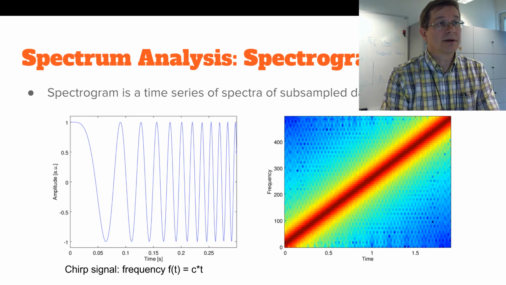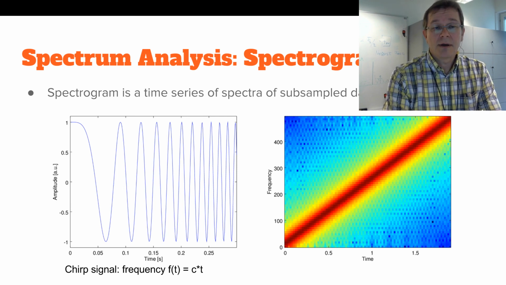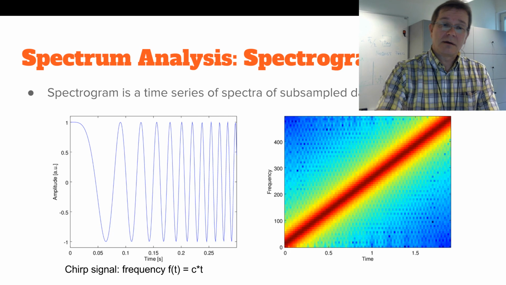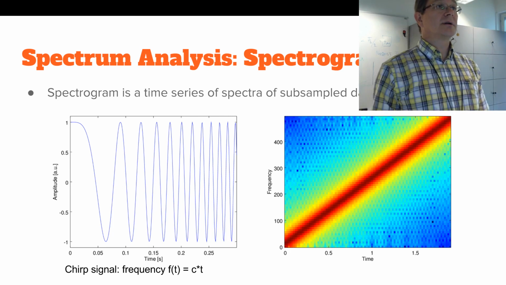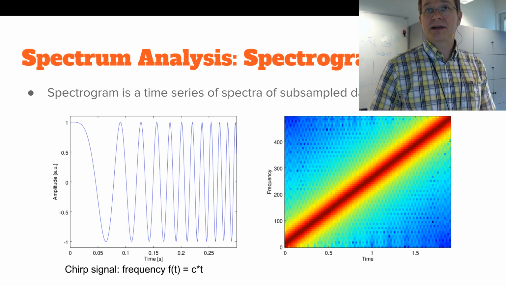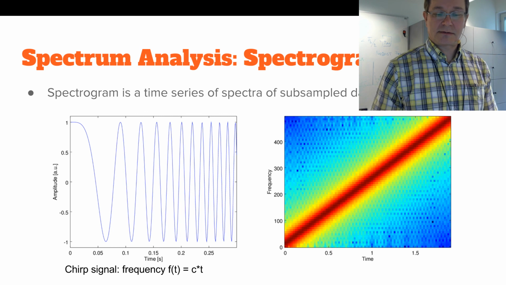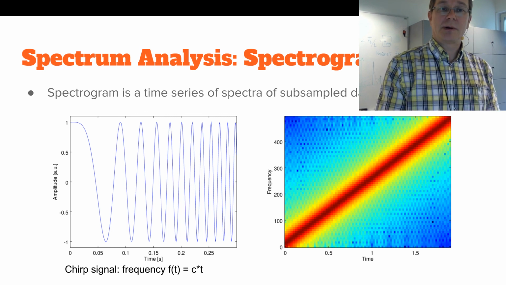Time is on the horizontal axis, frequency on the vertical axis, and the color coding means the power of the signal. Nice, so that's what chirps look like.